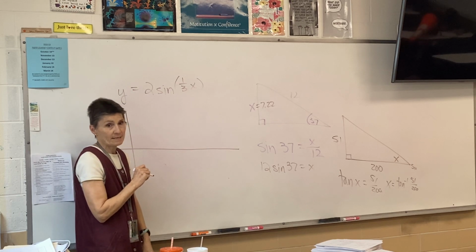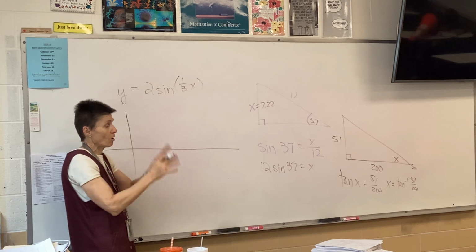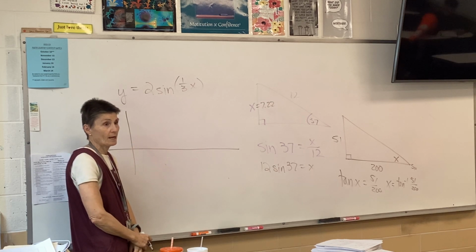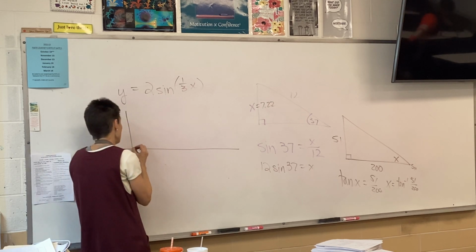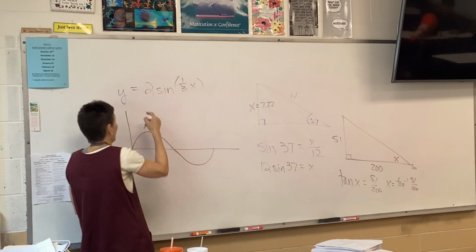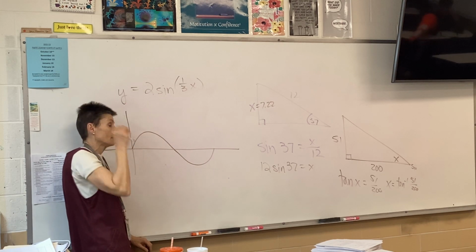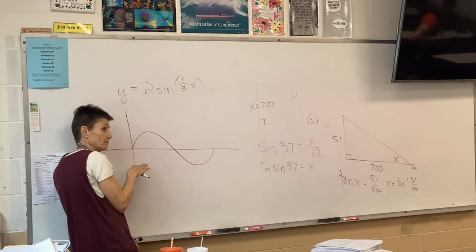So it's a sine. So forget about labels for a minute, just draw the shape. What does a sine look like? Through the origin, hill, valley, unless it's negative, and then it would be valley and then hill, right? Okay, so there's the shape.